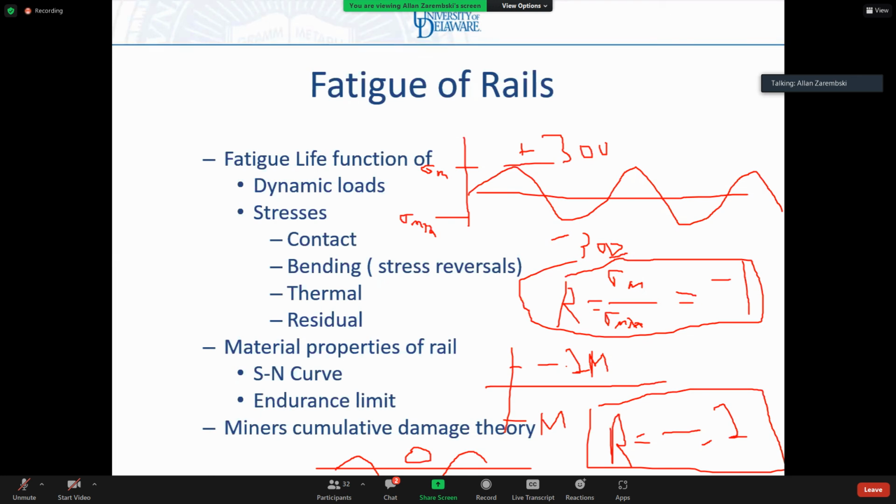Then my R would be plus 0.25. There'll be no stress reversal, and my fatigue life is going to be much, much, much longer. So this reverse moment that we see from beam and elastic foundation theory is very critical in fatigue theory because it introduces a stress reversal, even if it's not a complete reversal.